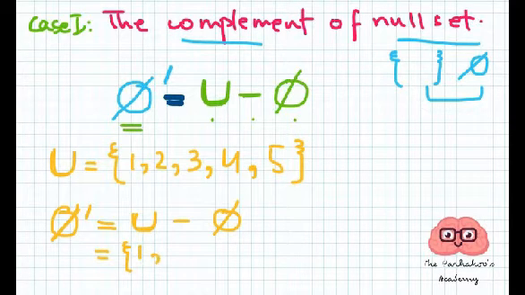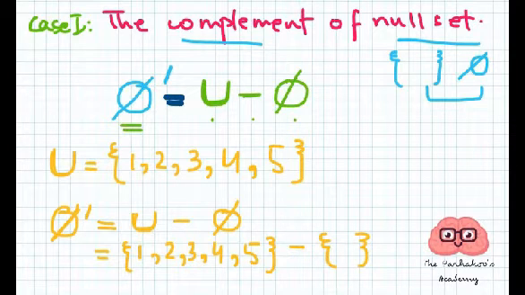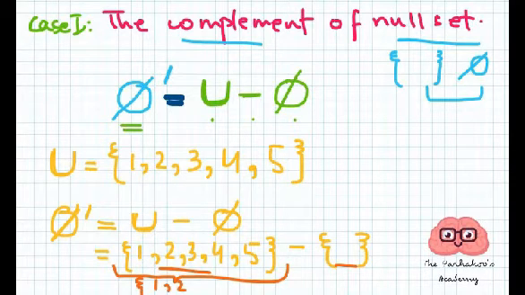U is 1, 2, 3, 4, 5 minus the empty set or the null set. So you can see there is nothing common in these two sets that we can omit or cut. So the whole set is your answer. That is 1, 2, 3, 4, 5.